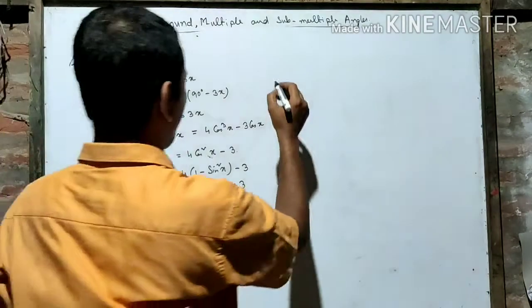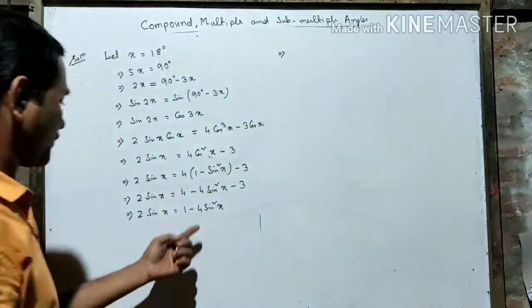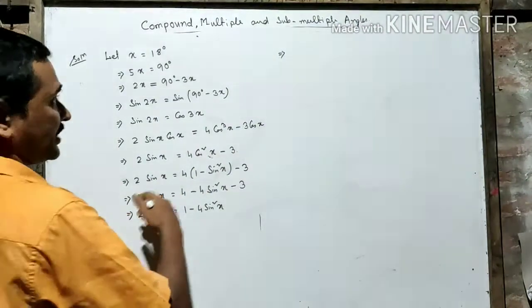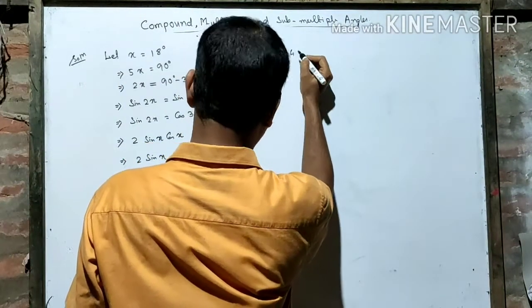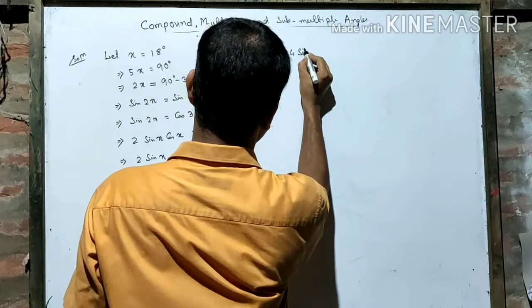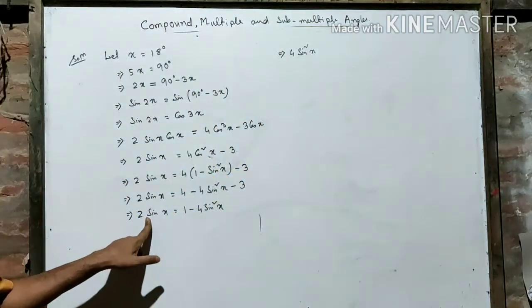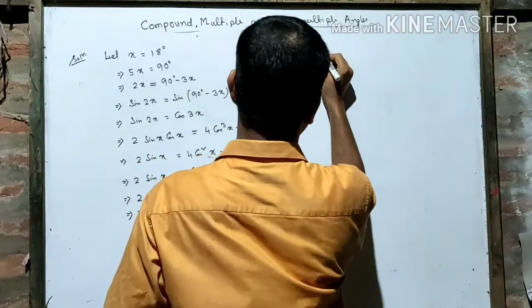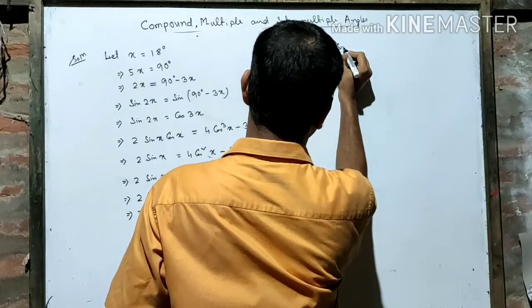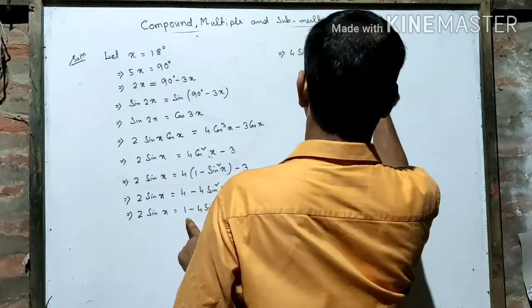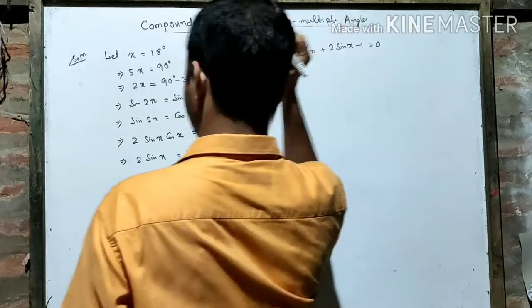Okay. Now let us form a quadratic equation for sine x. Okay. Bring all the things to left hand side. So this will be 4 sine square x plus 2 sine x minus 1 is equal to 0.